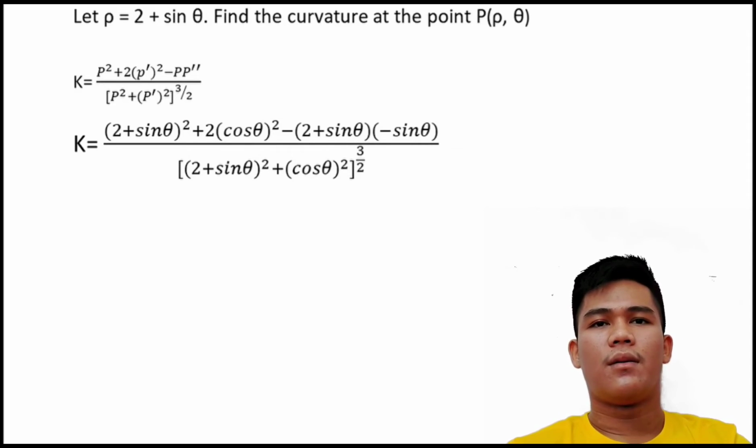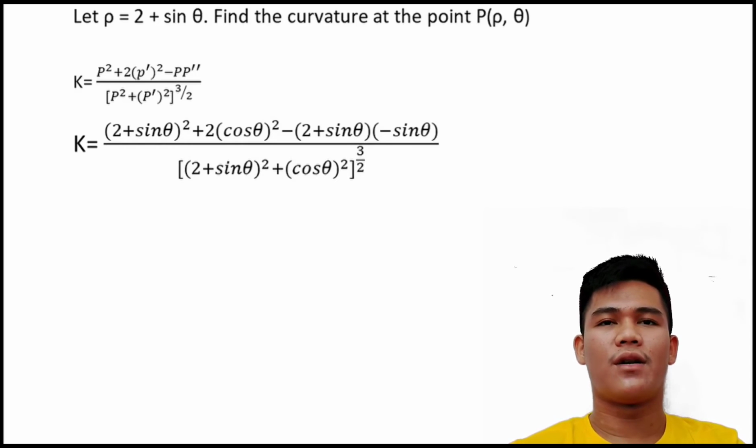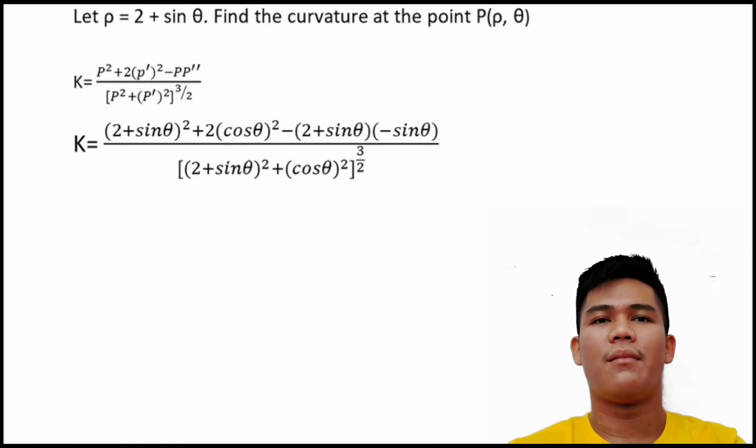2 plus sine theta squared. So let's substitute the value of r. We have 2 plus sine theta squared plus 2 times the first derivative of r. The derivative of 2 plus sine theta is cosine theta, squared, minus the value of r, 2 plus sine theta, times the second derivative of r, which is negative sine theta.